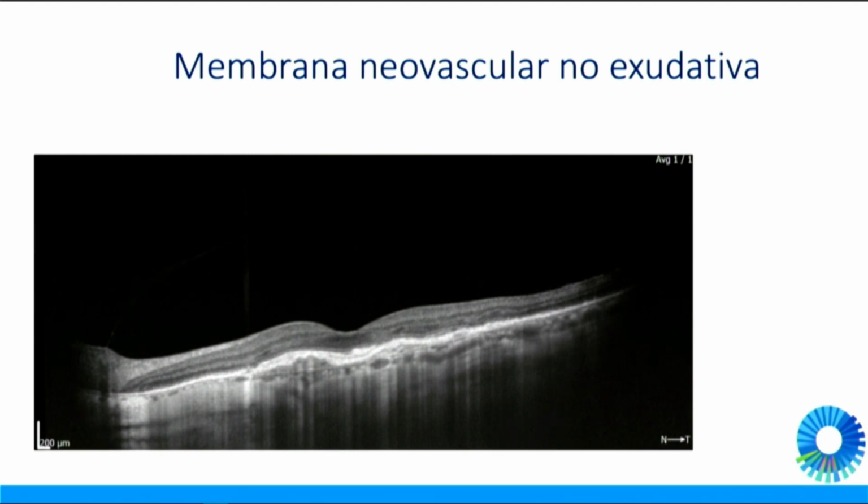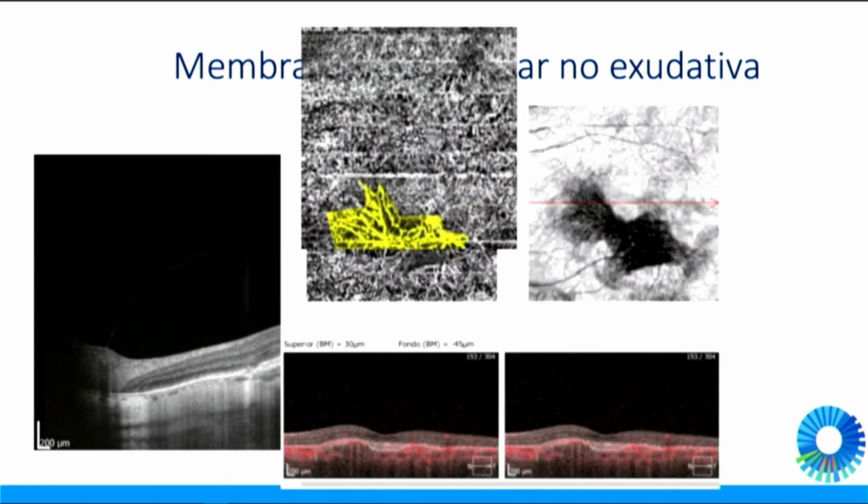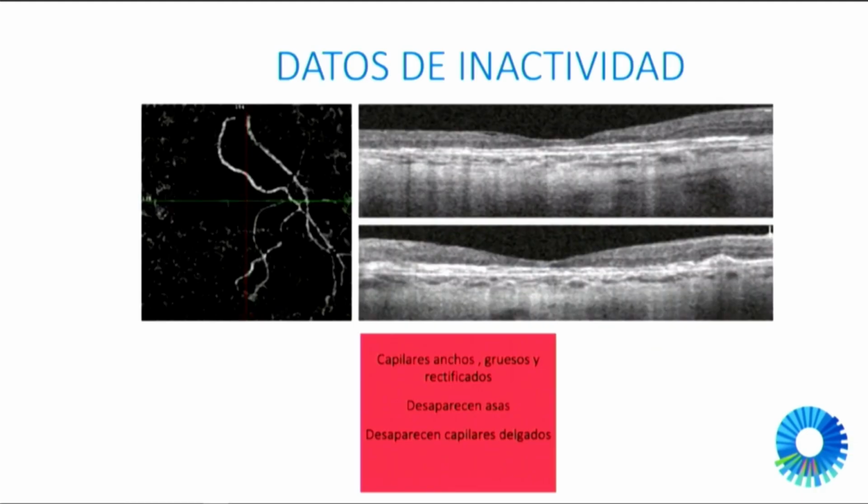These are active neovascular membranes, which in mode B we wouldn't have diagnosed because there's no intraretinal fluid, there are no cysts. It is just a flat, irregular detachment of the pigmented epithelium. And when we do an angio-OCT, it appears, and this is the neovascular membrane.